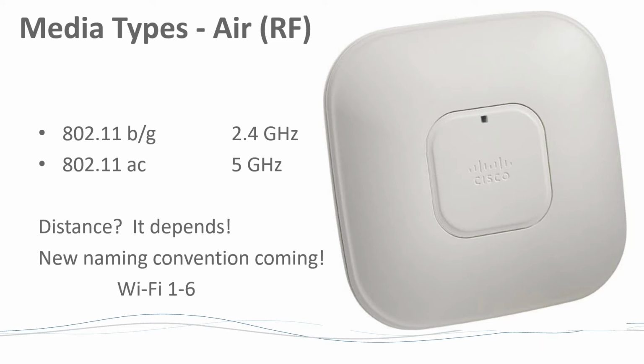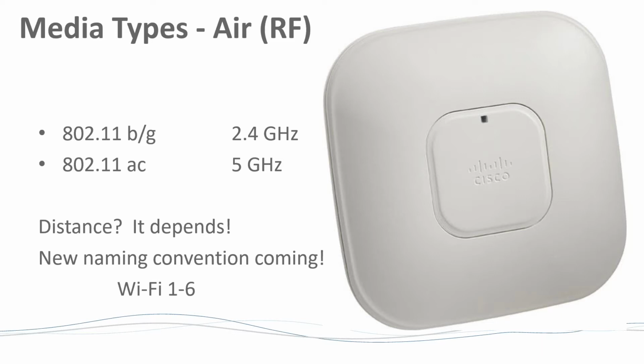The versions we're on now are A plus a letter. So AC is the most recent, widely adopted one. It's at 5 gigahertz, and it'll go at 1 gigabit per second. So that's the fastest one.